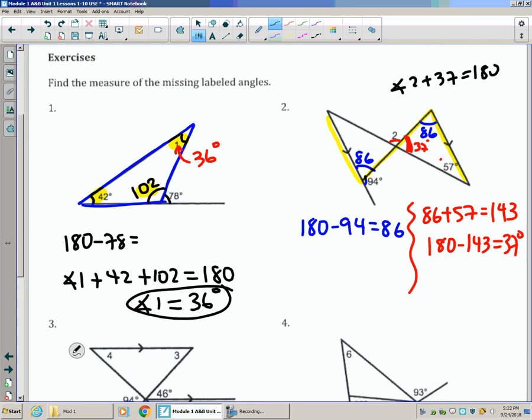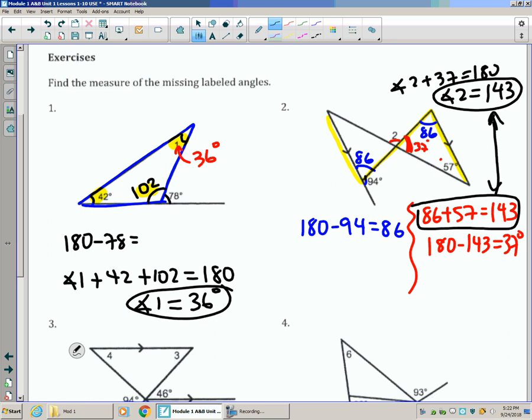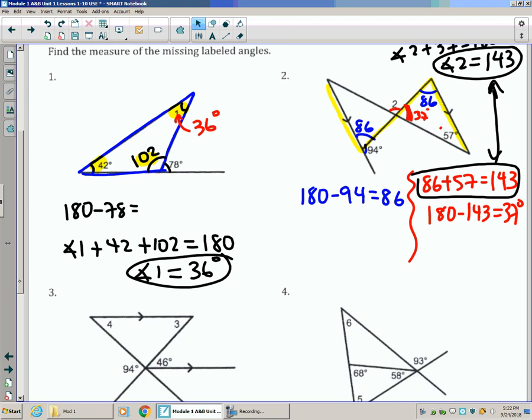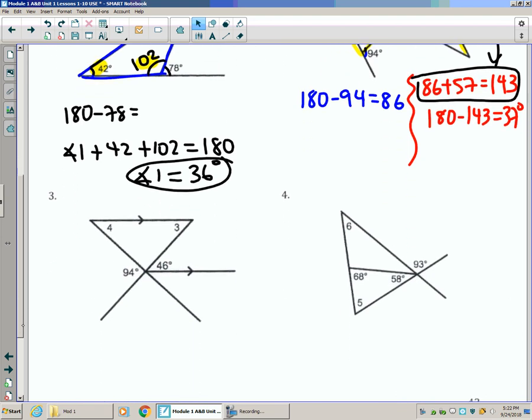So we're going to do some algebra. We're going to say that angle 2 in fact is 143. Just notice there's some relation between these two things. Something that is going to come back, but just make an observation right there. But angle 2 in this case will be 143 degrees.